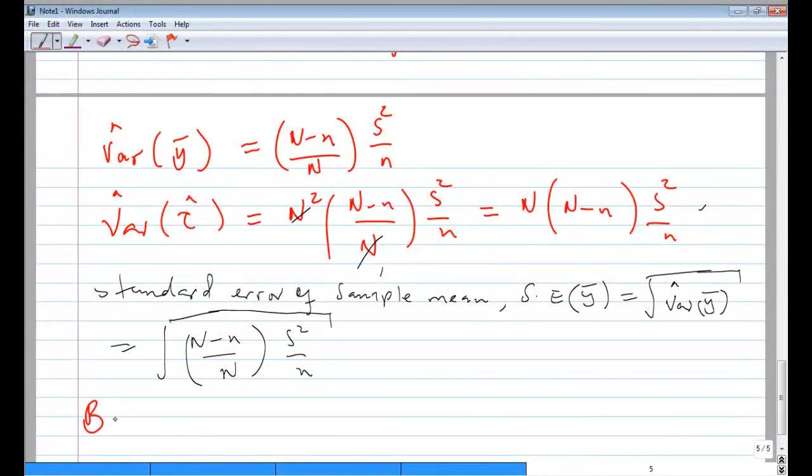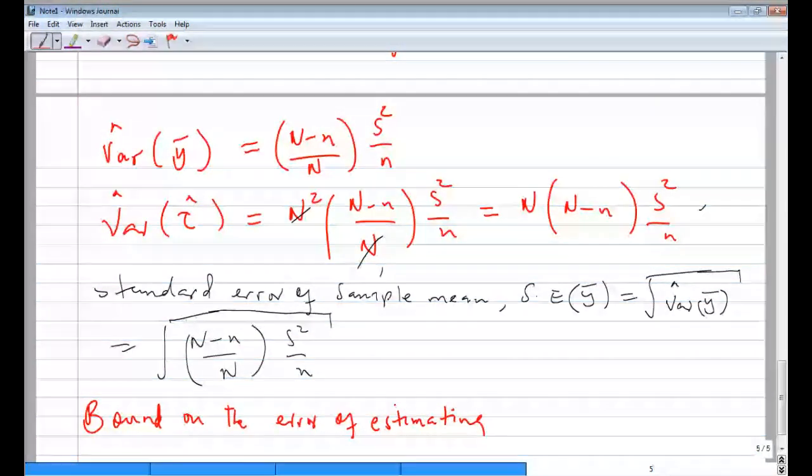The bound on the error of estimating the simple mean.